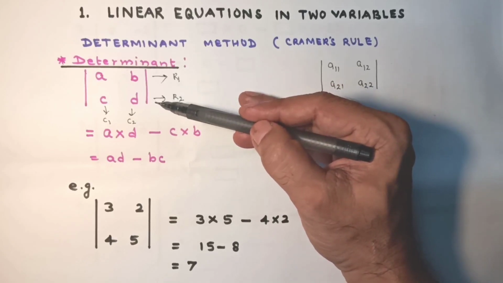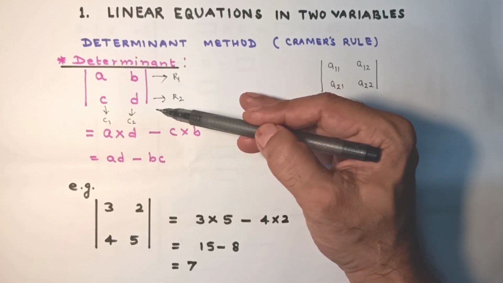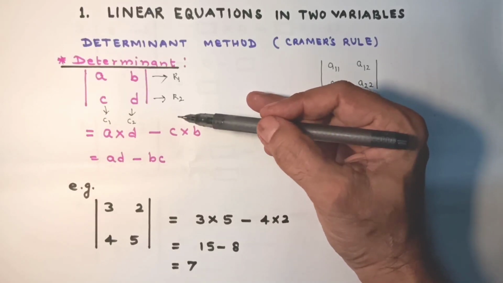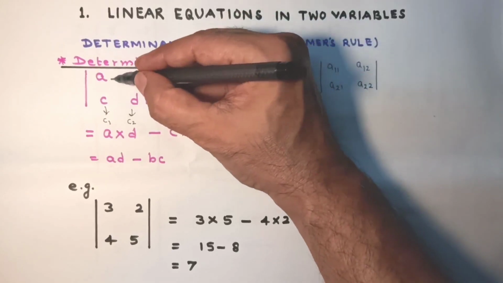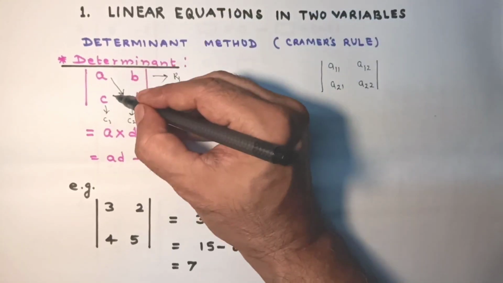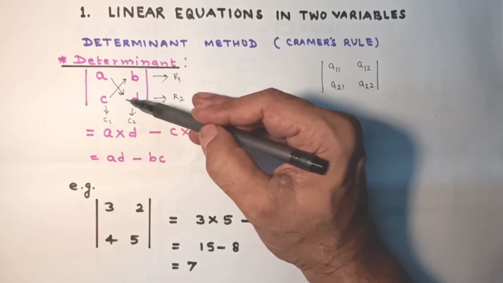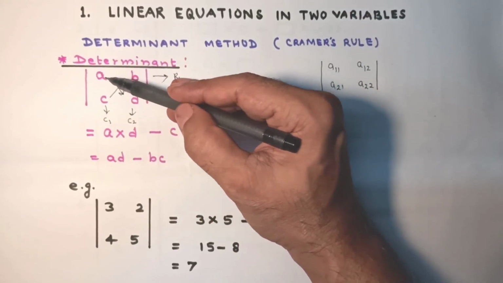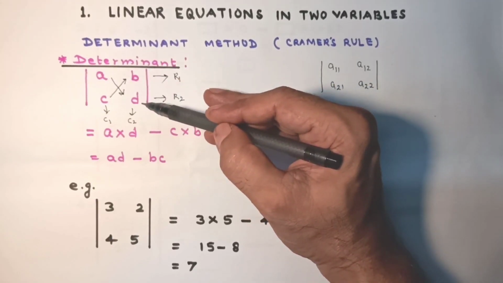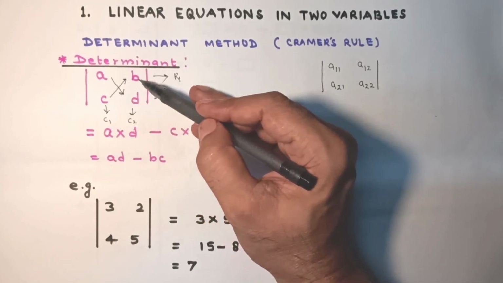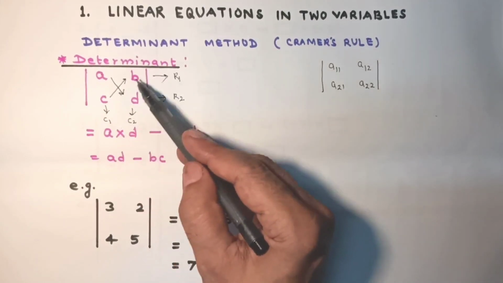The value of a given determinant can be found out by cross multiplication. So it's very simple to find out. What you do, just cross multiply A into D and C into B. First row first column, second row second column, and the second row first column, and first row second column, that way AD, CB.